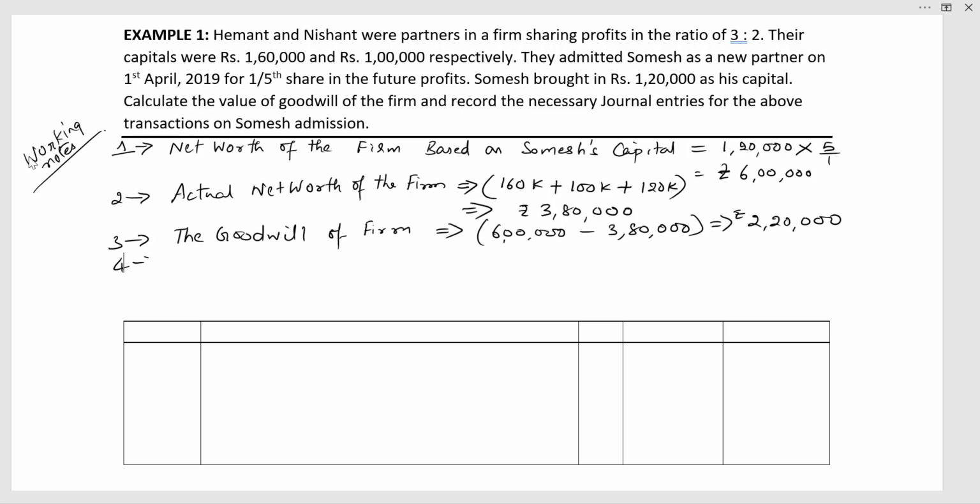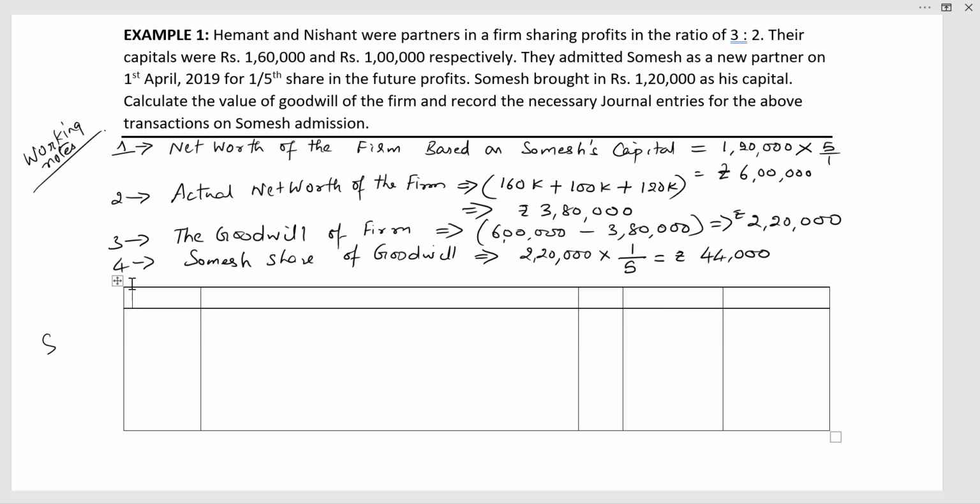And finally, Somesh's share of goodwill is equal to the goodwill of the firm, which is 2,20,000 rupees, multiplied by Somesh's share in profits, which is 1/5, which is 44,000 rupees.